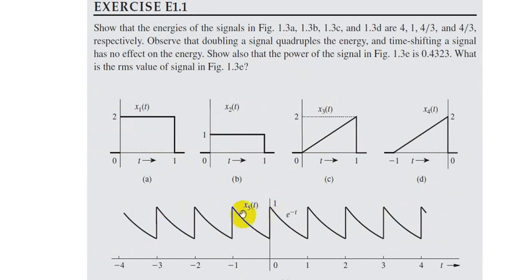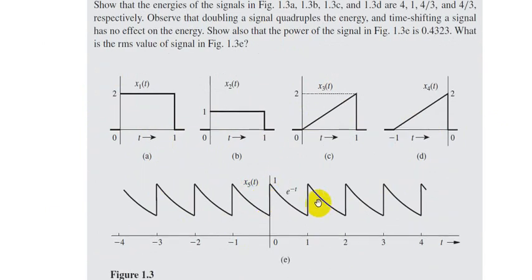To determine the power of this function, consider that the equation of this function is e to the power minus t. That means e to the power minus t is repeating itself with a period of one.